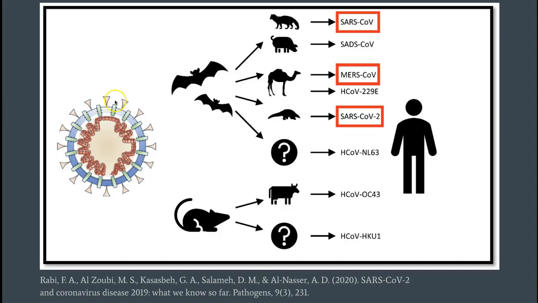This is a study that talks about the origination of these coronaviruses. The 3 coronaviruses that we're touching on are SARS, MERS, and SARS CoV-2. They originated from bats. SARS originated from bats and ended up going into cat-like creatures. MERS ended up infecting camels and then humans.